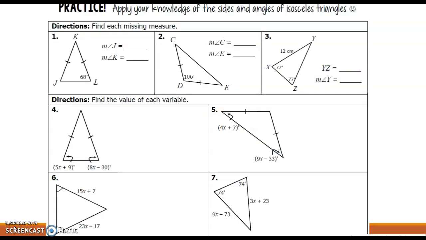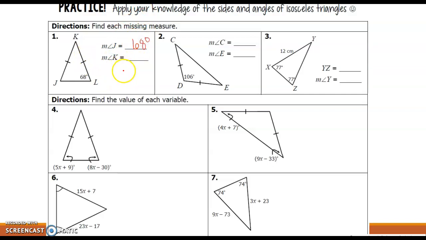All right, using this information that we know about these isosceles triangles, let's figure out some of the information about some of the angles and different things like that. Okay, so if these 2 sides are congruent, that means angle J and L are congruent, so that means J is also 68 degrees.